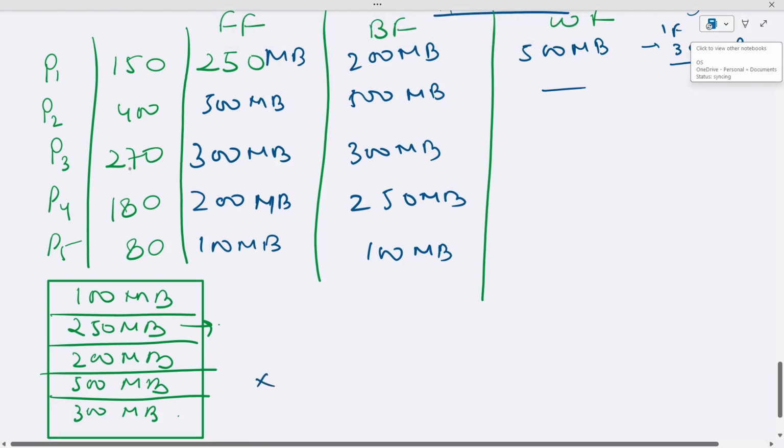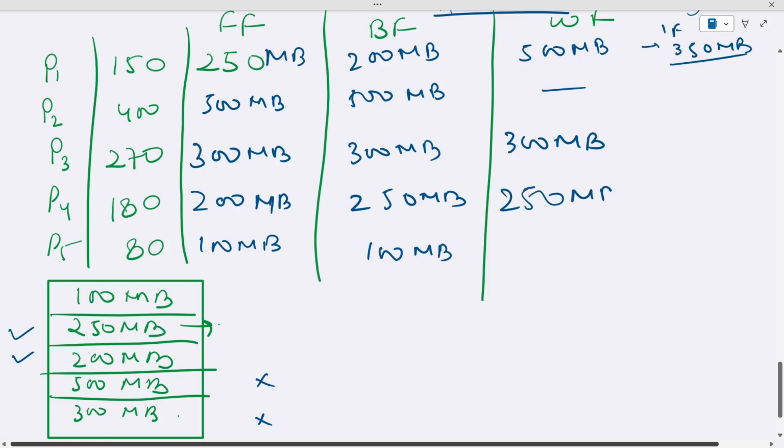Now P3 is 270. The highest one is 300, so 300 MB goes to P3, and 300 is also allocated. The space left is 100, 250 and 200. P4 is 180. It can reside in the second and third blocks, but we choose the block that gives the highest internal fragmentation, so 250 is allocated to P4.